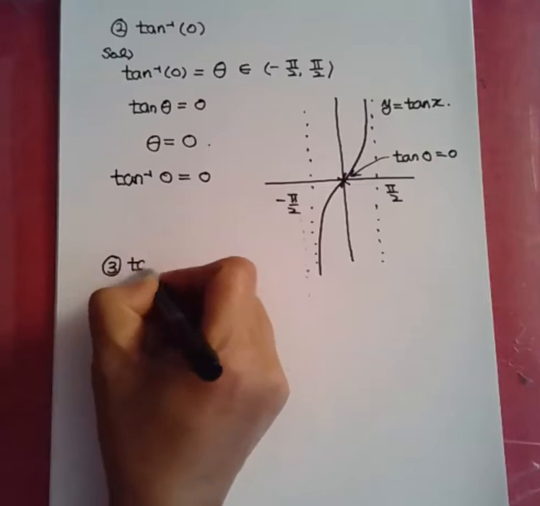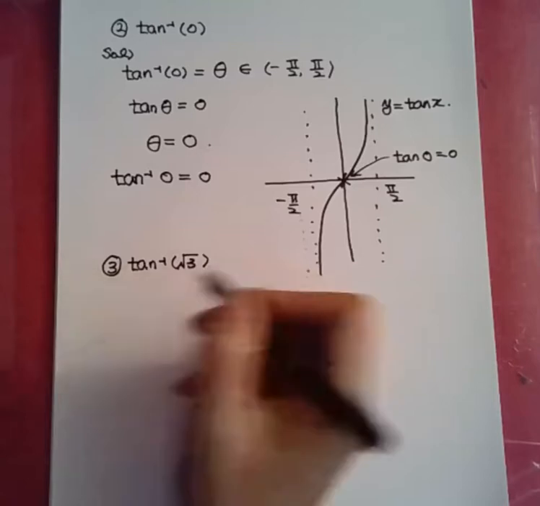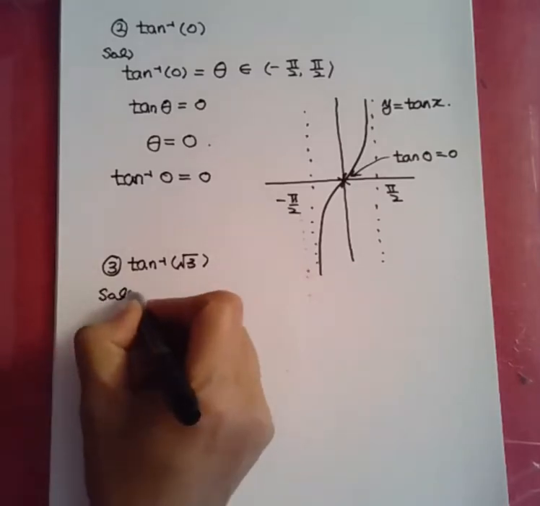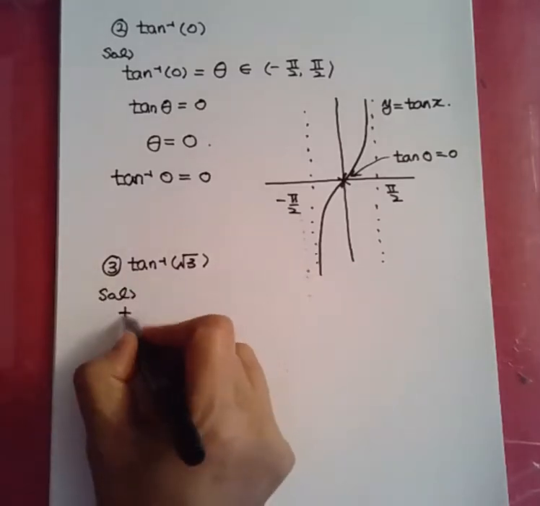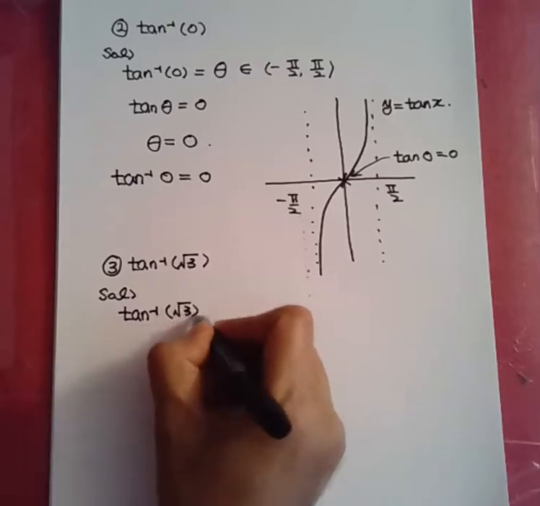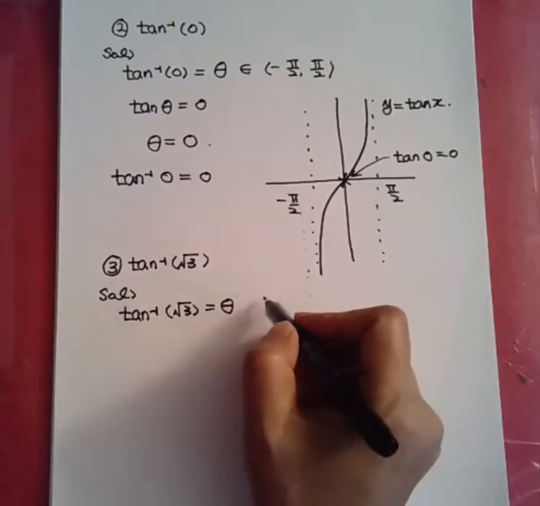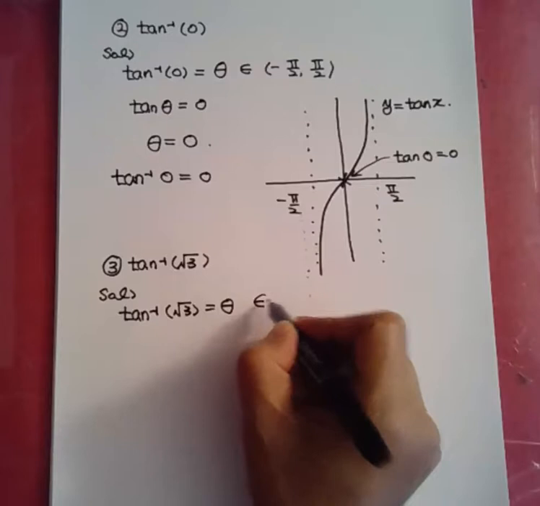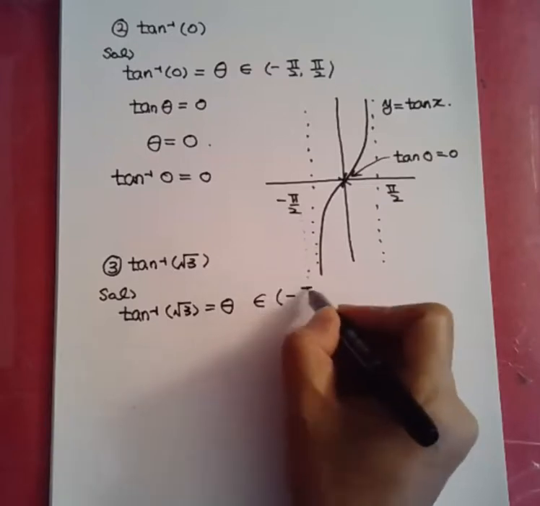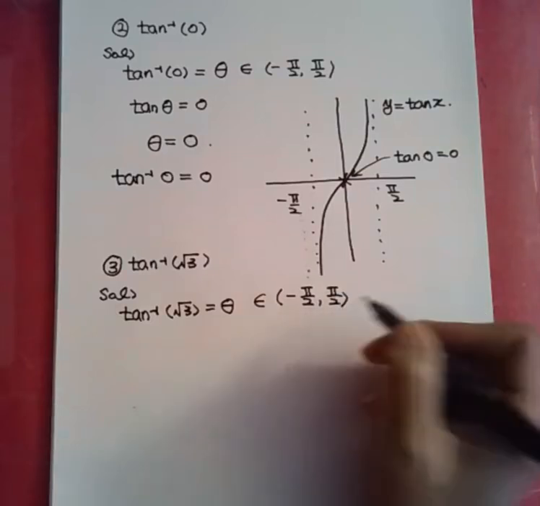The next problem is tangent inverse of square root of 3. Let's follow the definition. Tangent inverse of square root of 3 is the angle theta whose tangent value becomes square root of 3. The angle should stay between minus pi over 2 and pi over 2.